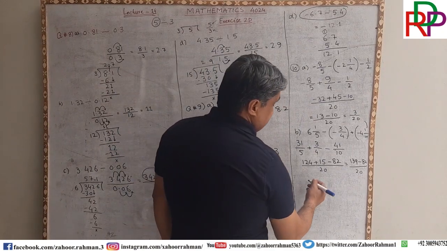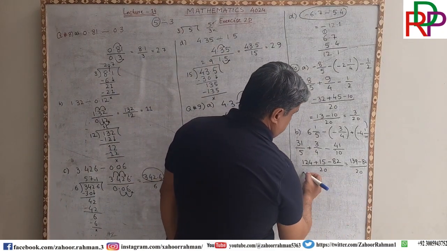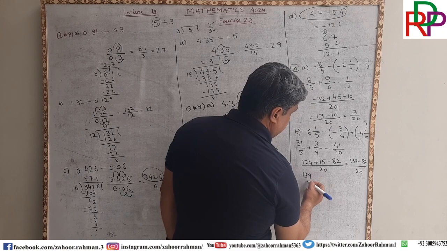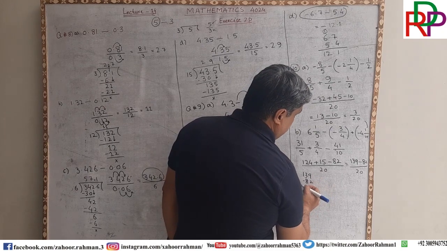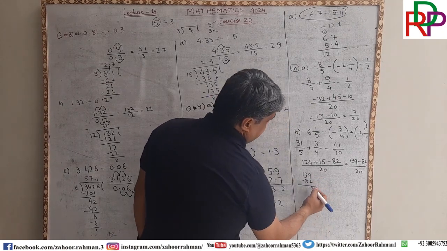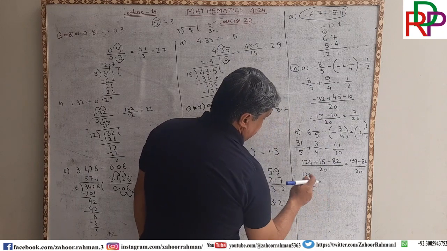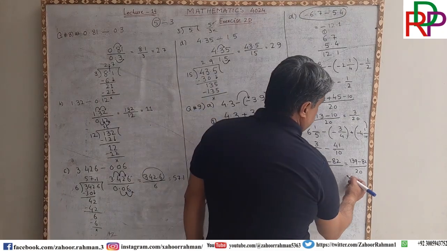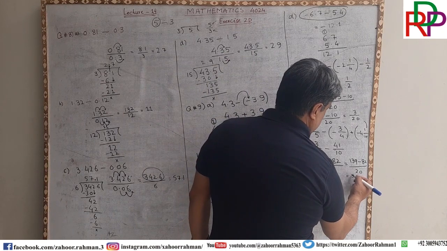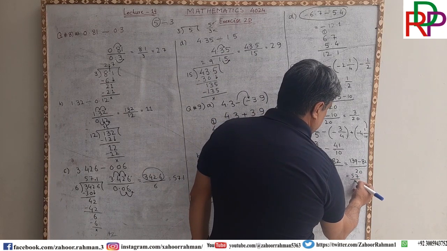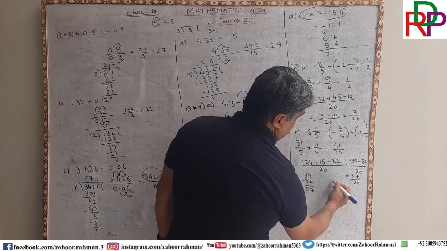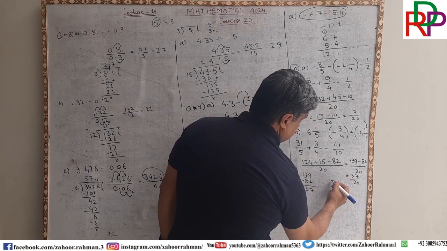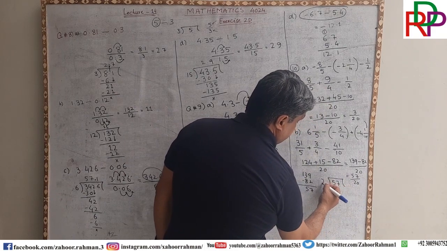So if I subtract without using the calculator 82 from 139, 7 and then it will be 5. So it is equal to 57 divided by 20. Now 57 is divisible by 20.